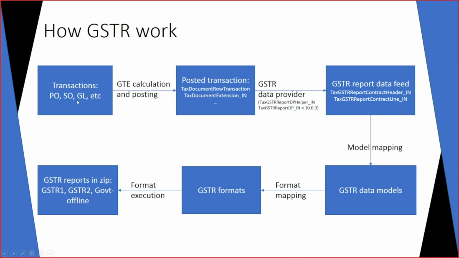Then you provide the data of the purchase order, sales order, and the GL to the GTE, and the GTE will calculate and post, and then generate the posted transactions, which will mainly stay in the tax document row transaction and the tax document extension _IN tables, and there are a bunch more tax transaction related tables. For example, we have the tax document row transaction _IN.